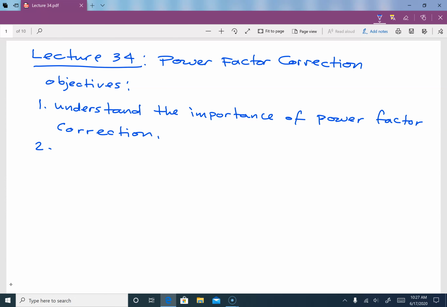And the second objective is to calculate the necessary capacitance value to raise the power factor to a desired value.